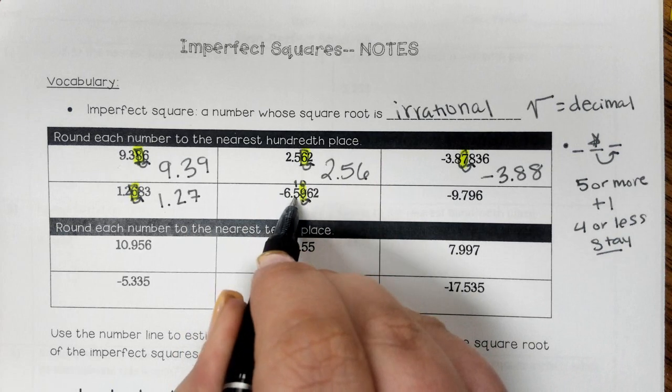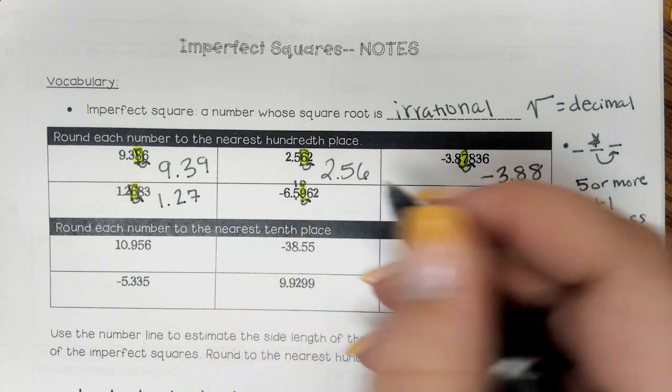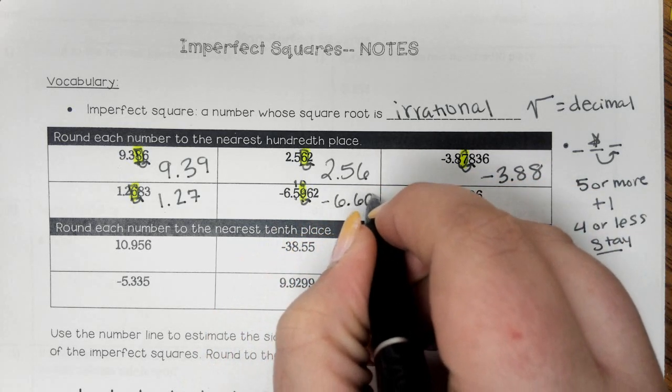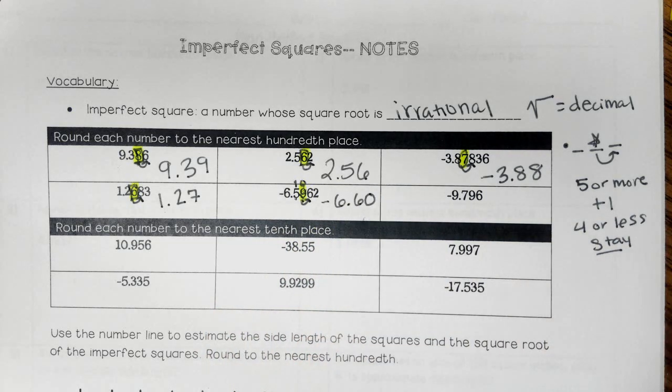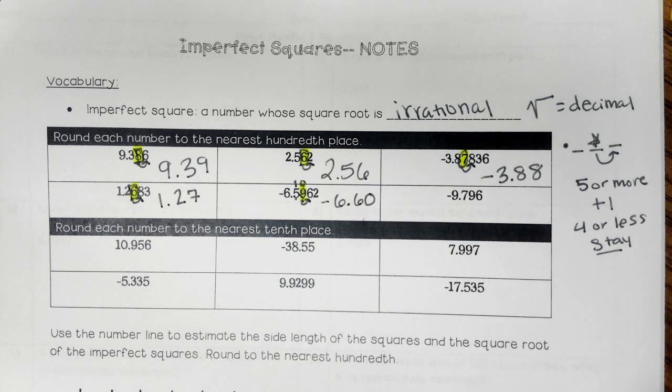But I'm adding 1 more now to the spot with a 5 in it, the 10th spot. So this is negative 6.60. We're going to keep the 0 there because we rounded here. So we're going to keep that 100th place value there, even though it would be the same value if we didn't have the 0.